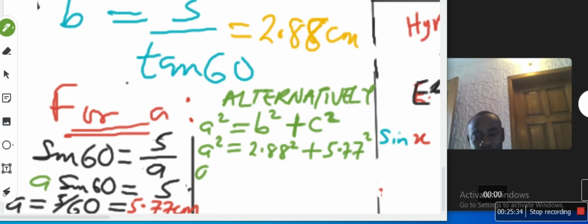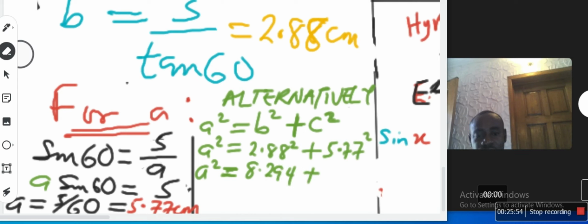So what do we do now? A squared is equal to the square of this and the square of that. 8.2944, put it to 4 significant figures: 8.294, plus 5.77 squared.